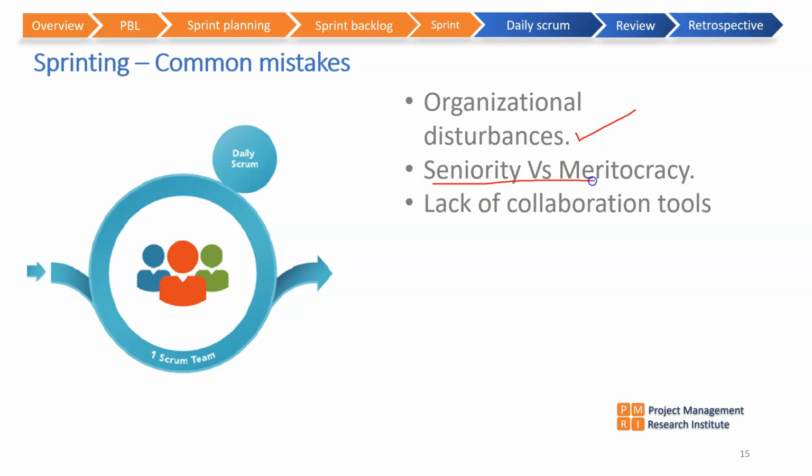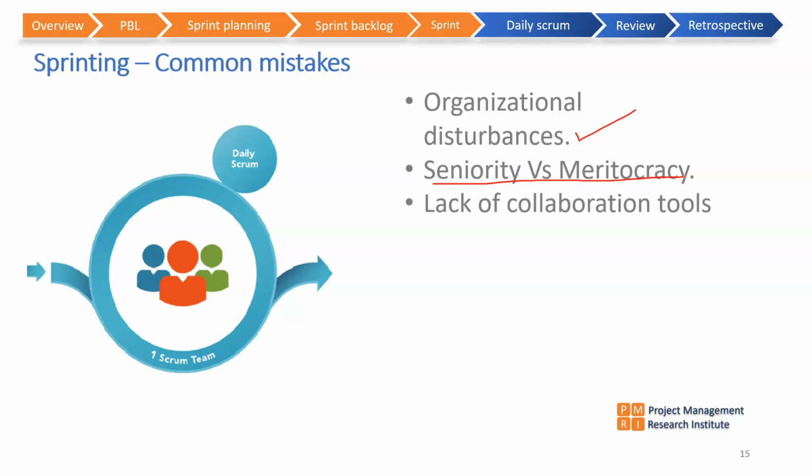Then seniority versus meritocracy, because sometimes there is a general notion that the person with more years of experience is better. That is not so, because sometimes you see many inexperienced people who have great potential, technically superb people, coming in.